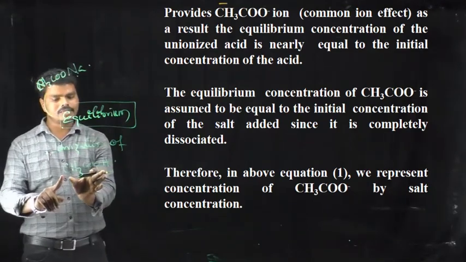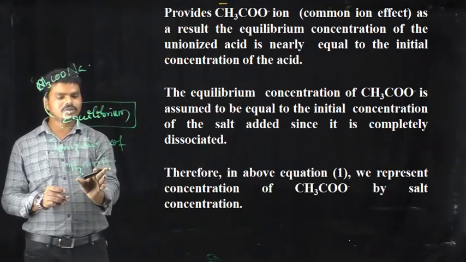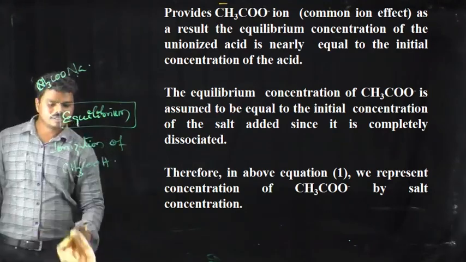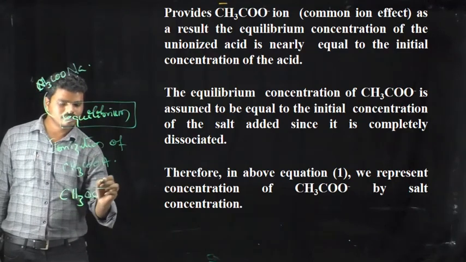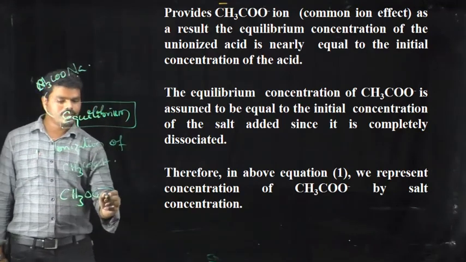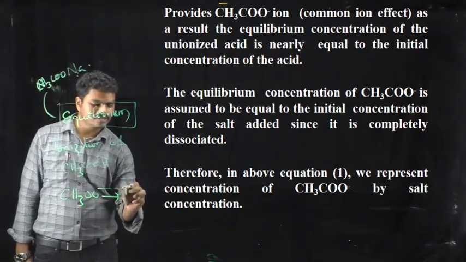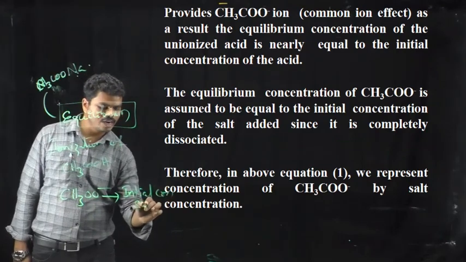So the acetic acid concentration is retained as such, equal to the initial concentration. In the same way, the concentration of acetate ion is also considered as the initial concentration of the salt which is added. What is the salt?